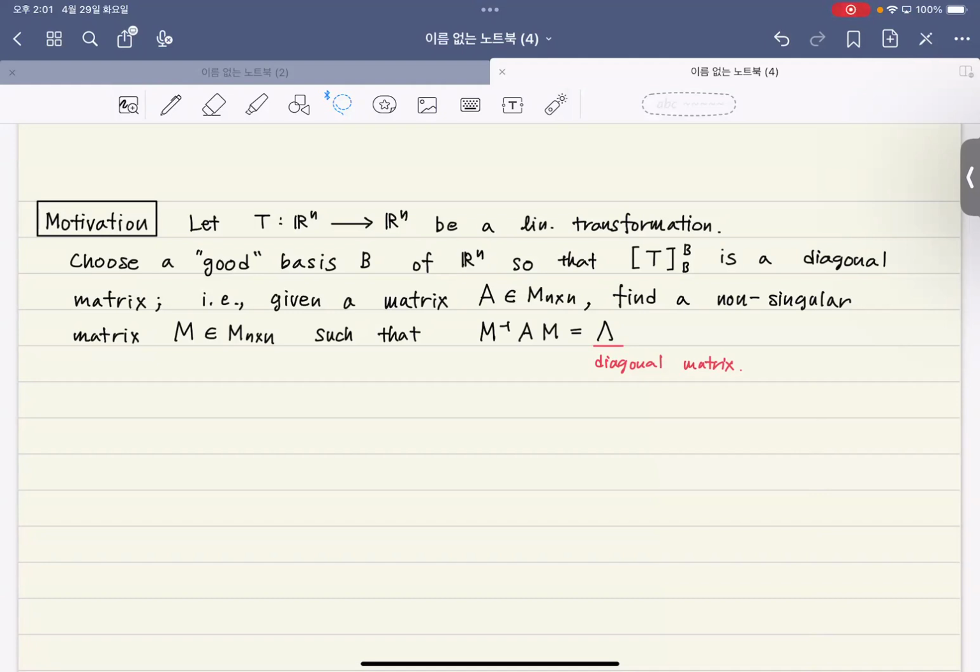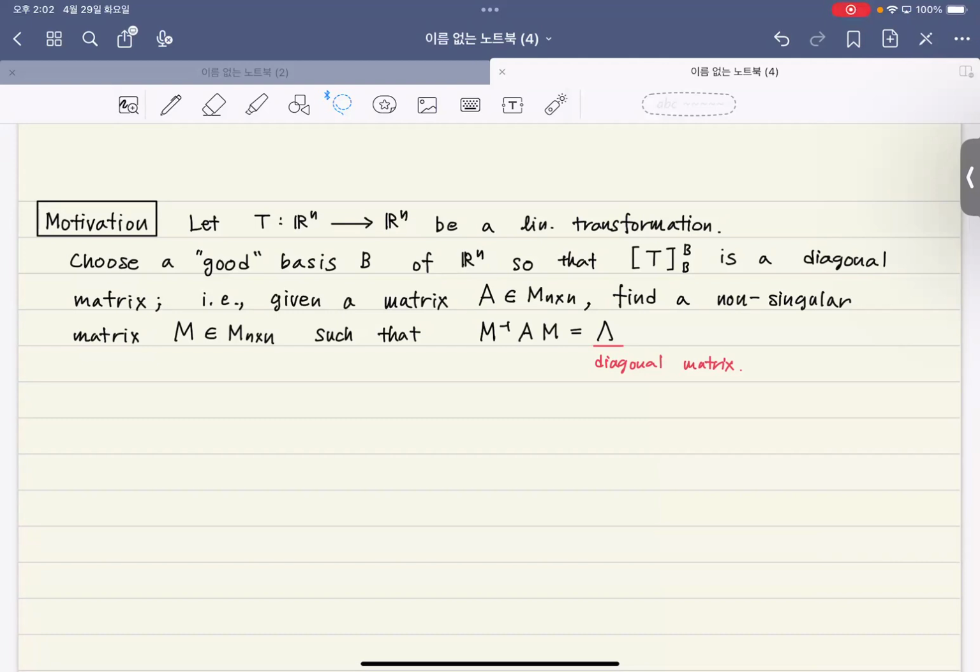So the idea is this: given any linear transformation, maybe I can try to find a very nice choice of basis so that its matrix representation is a diagonal matrix. Is that possible? How can I do this? How can I get such a nice basis for that linear transformation? That is today's main topic.